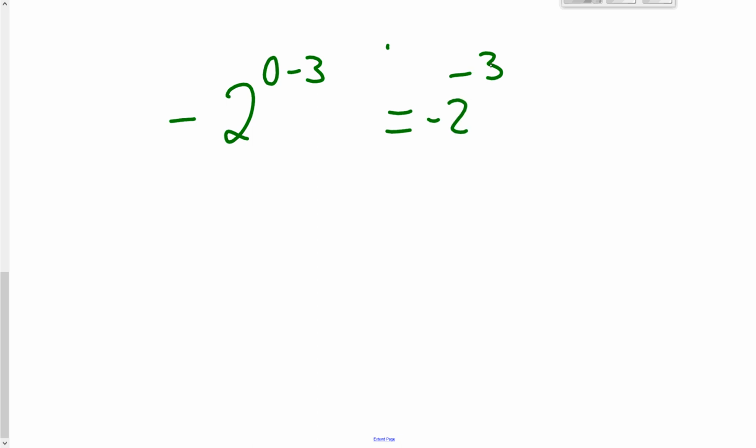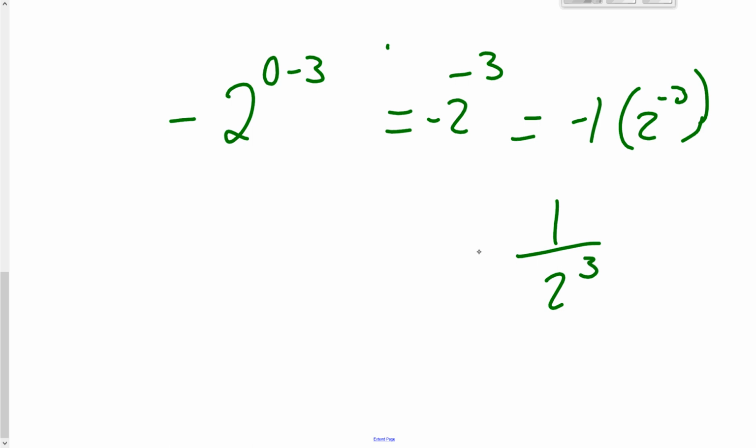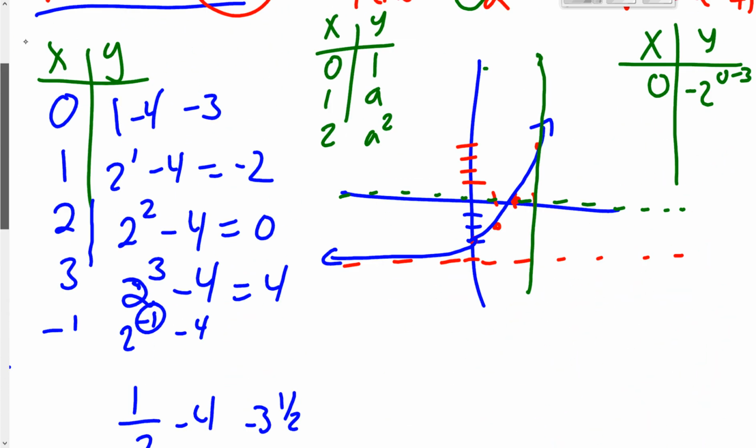Now this is 2 raised to the negative 3 and then multiplied by the negative. So it's like negative 1 times 2 to the negative 3. That negative, I have to wait to do the exponent first. The exponent's 2 to the negative 3. Well, that's 1 over 2 to the 3, and then times that negative. So then we get negative 1/8. So we can go ahead and graph that: 0, negative 1/8.